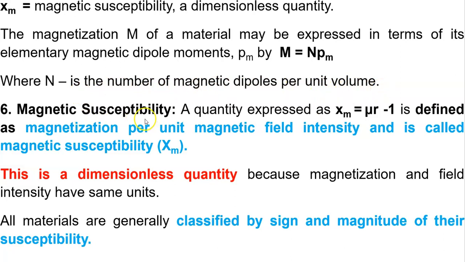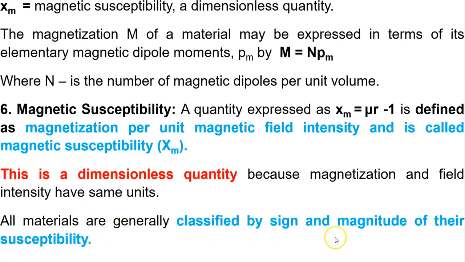And magnetic susceptibility is mu R minus 1. It is the magnetization per unit magnetic field intensity, and it is the ability of the material to get magnetized. I have told you the difference. It is a dimensionless quantity because magnetization and field intensity have the same unit.